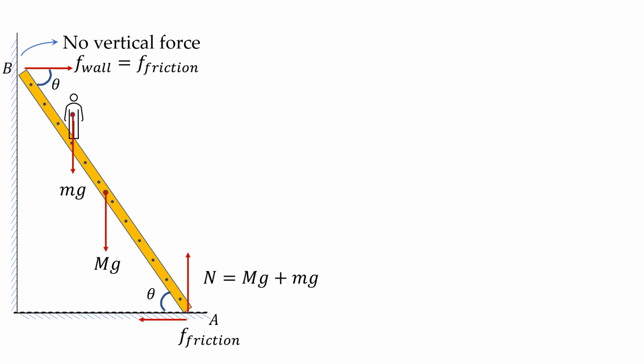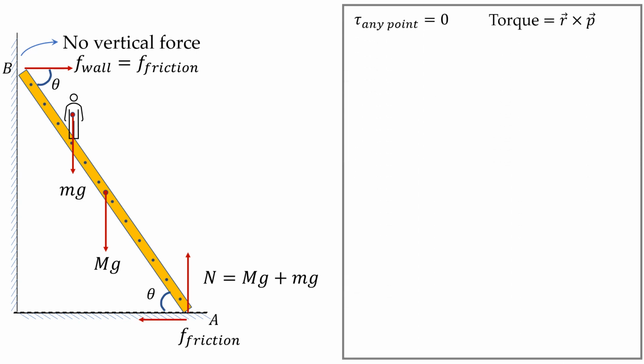Now we have all the forces that are in play. It is time to move to the next level and discuss torques. Torque is, roughly speaking, a tendency to rotate. Since the system is static and not rotating, the torque at any point is zero.